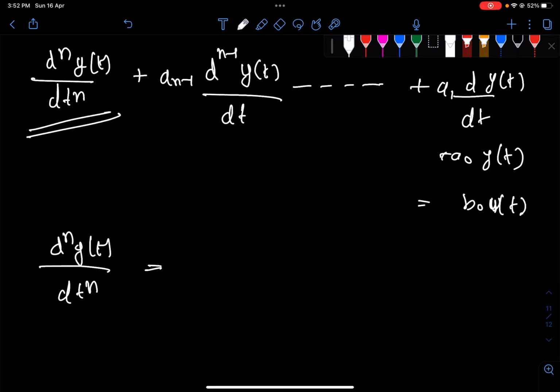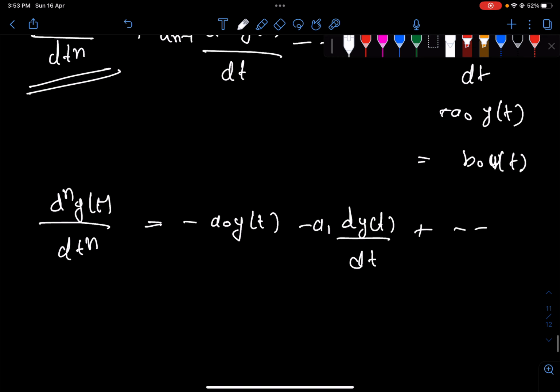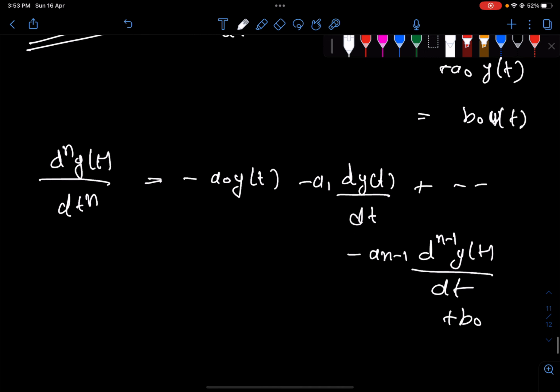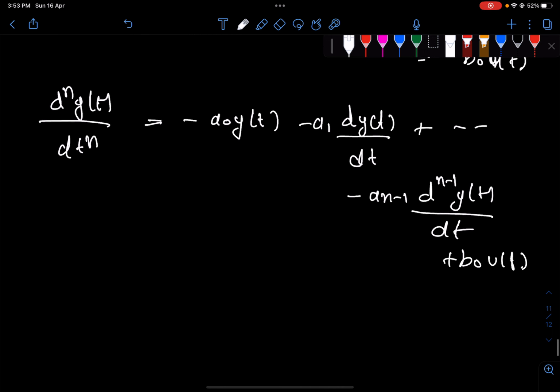It will be minus a0 y of t minus a1 times the derivative of it, and it goes like that, ending with minus the n minus 1 derivative of y of t, plus b0 u of t, right?